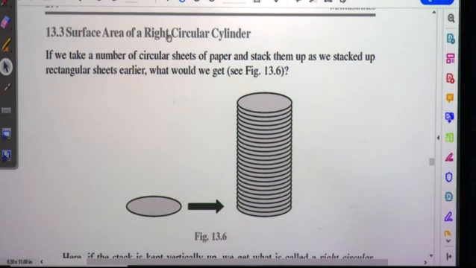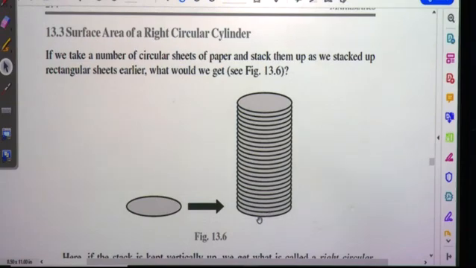Surface area of a right circular cylinder. If we take a number of circular sheets of paper and stack them up as we stacked up rectangular sheets earlier, what would we get? This is the figure that you can see here.